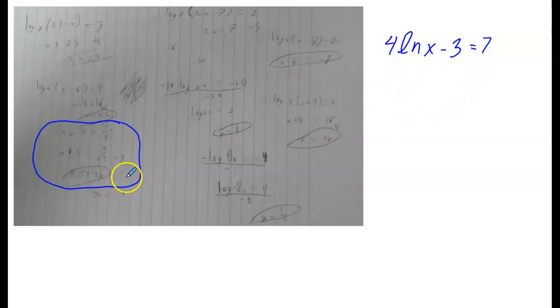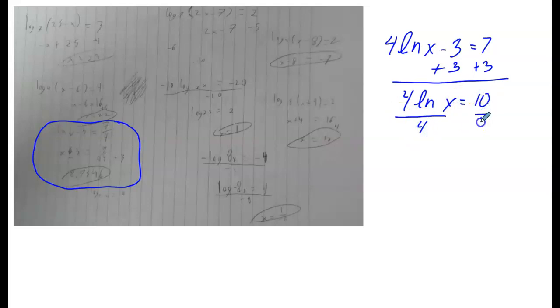And it looks like you tried to divide both sides by 4, but you can't do that without also dividing the -3 by 4. So instead, we're going to add 3 to both sides, and then 4 natural log of x is equal to 10. And then we can divide through by 4, and the natural log of x is equal to 5 halves.